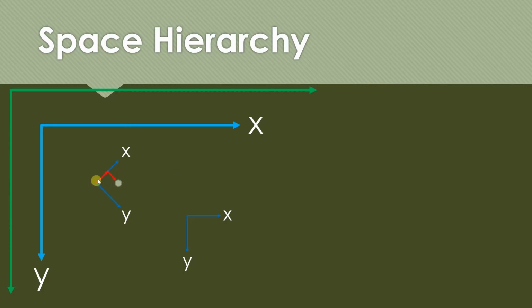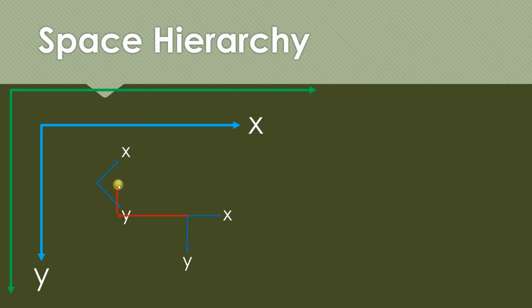If the point was relative to this child, then here's what the x value would be, and here's what the y value of the point would be. And furthermore, if the point was specified relative to this child, here's what the x value would be, because it would be negative because it goes along the negative x axis of this guy. And then here's what the y value would be. That would also be negative because it goes in the opposite of the y axis of this guy.